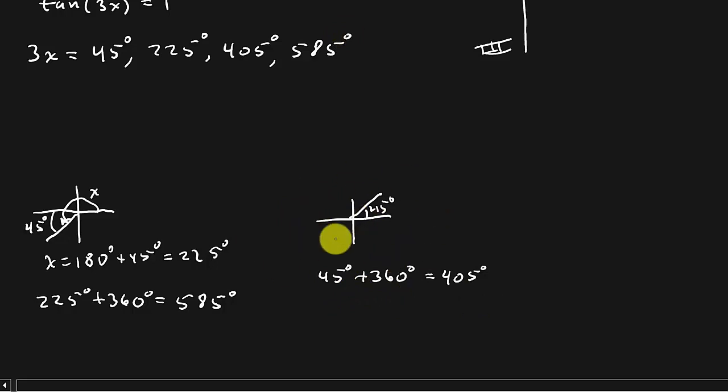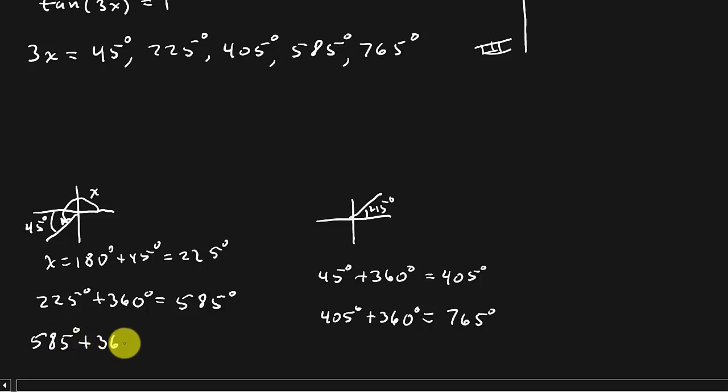Now I have to go around a third time, so I've got to add 360 again. So 405 plus 360, that is 765. And then I've got to go around again here, so that's 585 plus 360, that's 945.